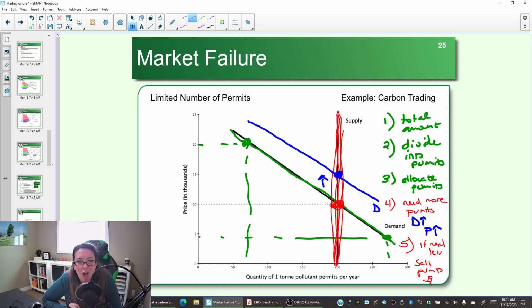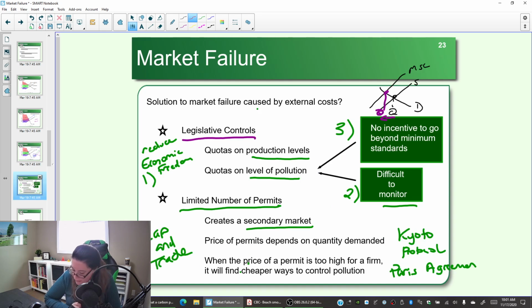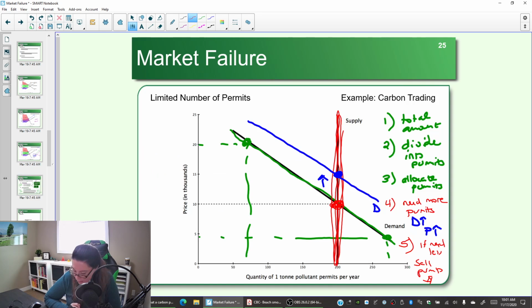So the reason economists like cap and trade is that it resolves some of the issues that we see with legislative controls. Remember, legislative controls reduced economic freedom. Well, here you can decide whether you're going to pollute more or less. It's your choice.